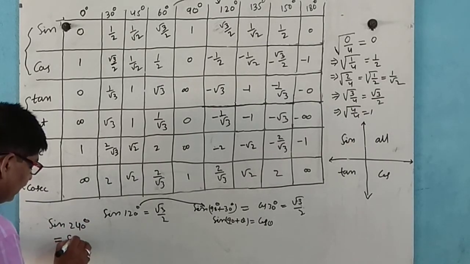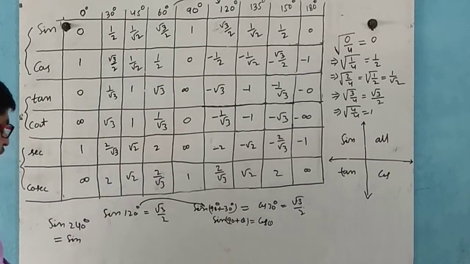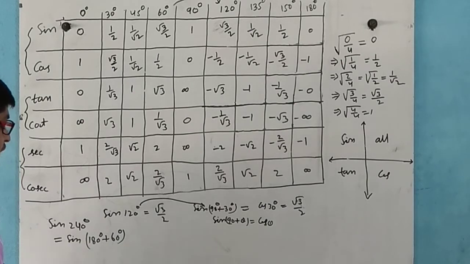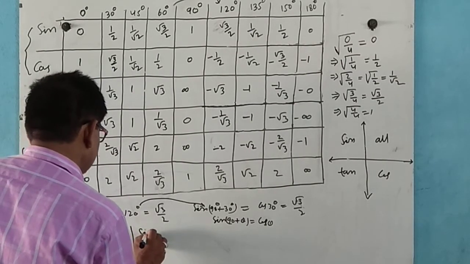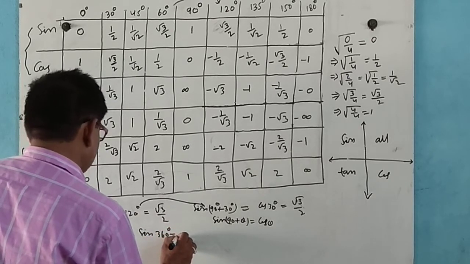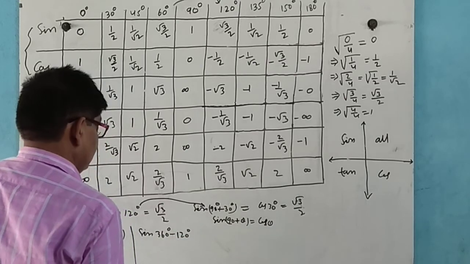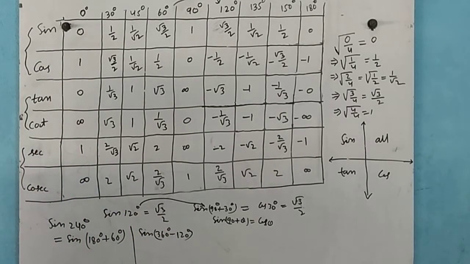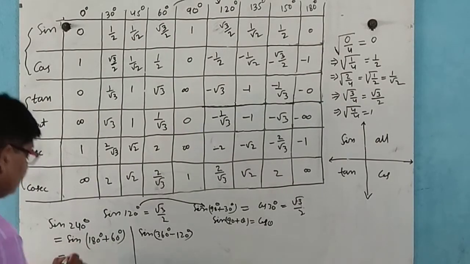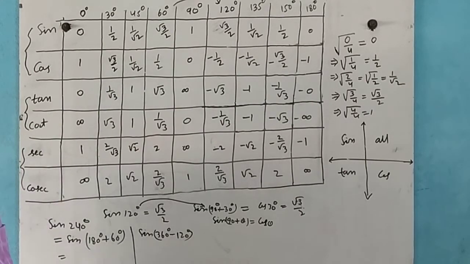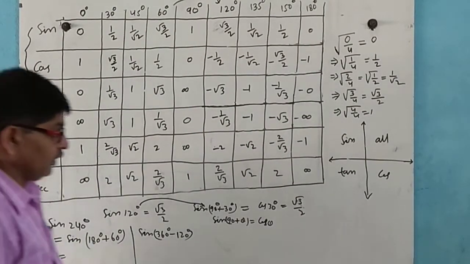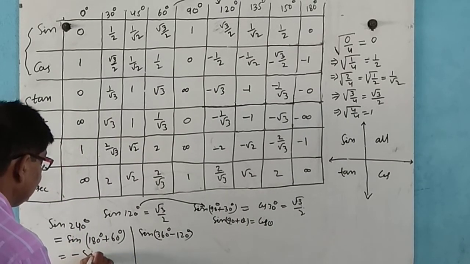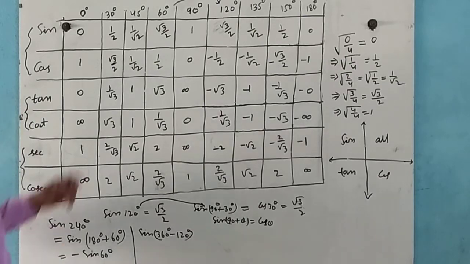Now it can be written as sin of 180 degrees plus 60 degrees, or sin of 360 degrees minus 120 degrees. Now sin 180 degrees plus theta is equal to minus sin theta, so it is minus sin 60 degrees, and sin 60 degrees is equal to root 3 by 2.